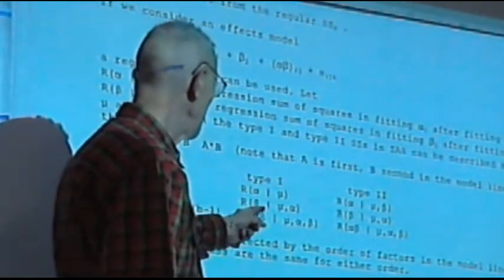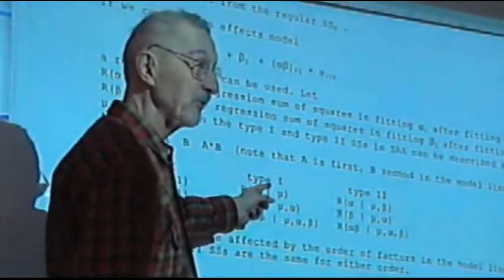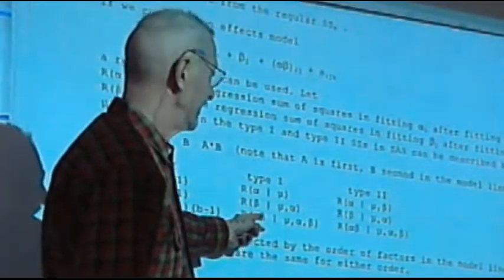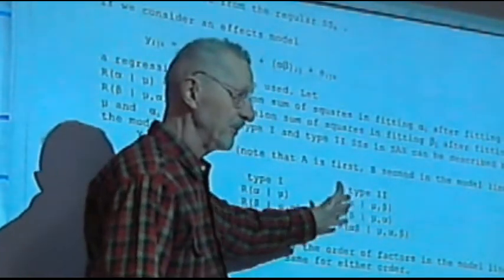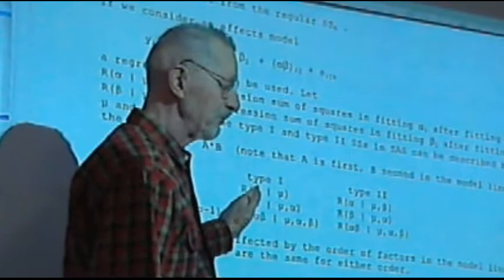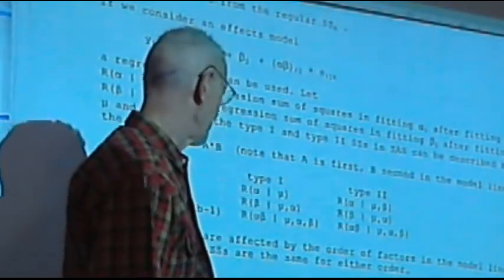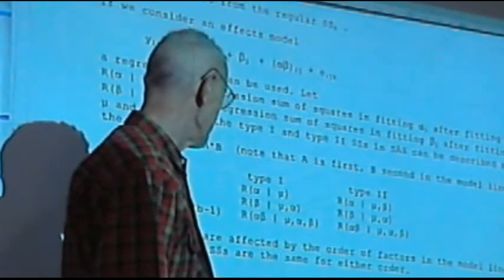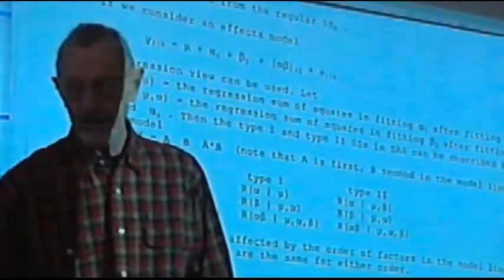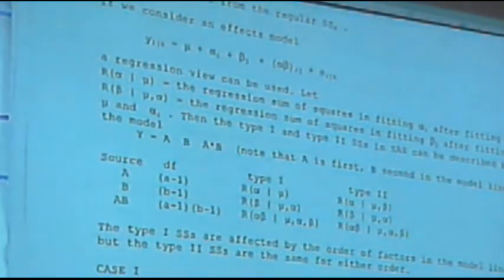In here, it matters which one comes first and which one comes second. It doesn't matter there, it matters here. So these would be called sequential sums of squares. Anyway, that's where Minitab is getting its language from.